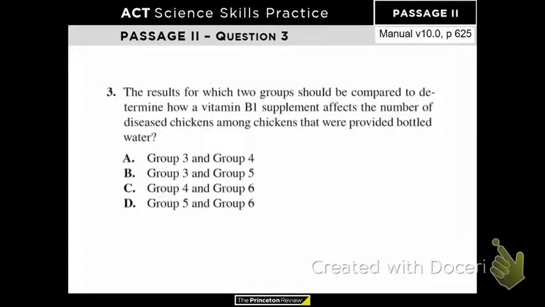Number 3, the results for which two groups should be compared to determine how a vitamin B1 supplement affects the number of diseased chickens among chickens that were provided bottled water. So when we're looking at our groups here, we want to see which ones were given bottled water first, and then with the ones that had bottled water, which one also had a vitamin B supplement.